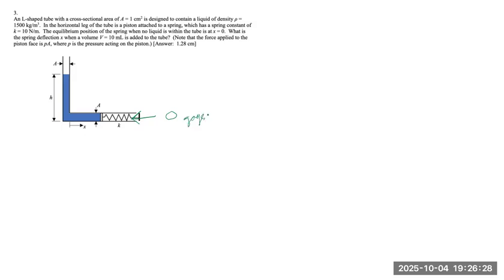We assume there is a pressure acting on the face of the piston pointing to the right, and we'll define the coordinate system as positive to the right and positive upwards.